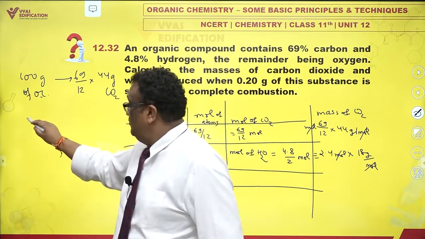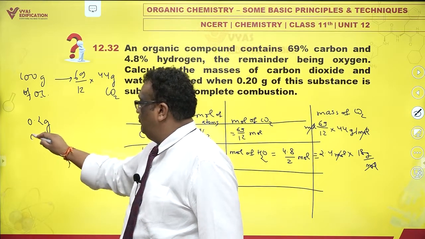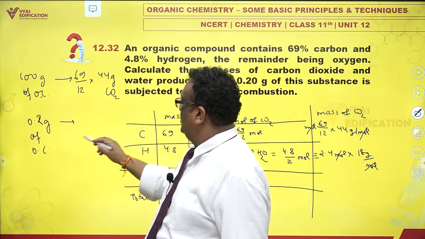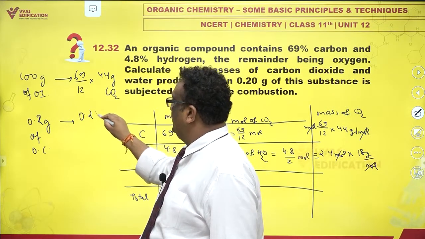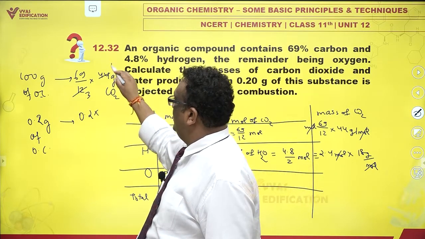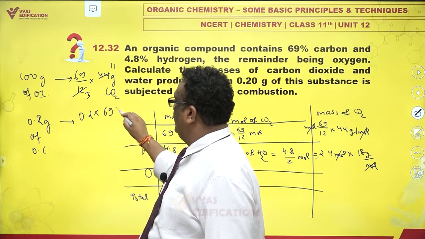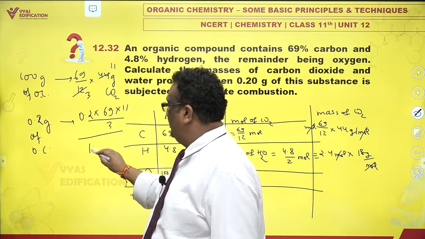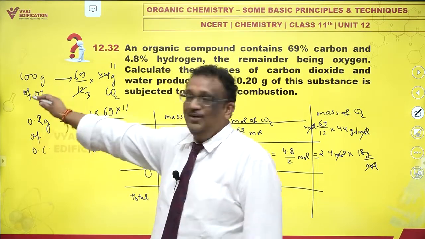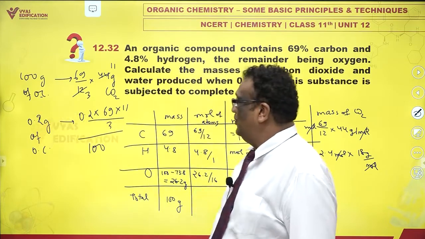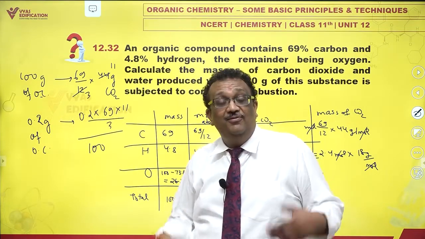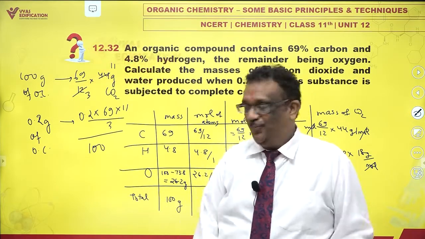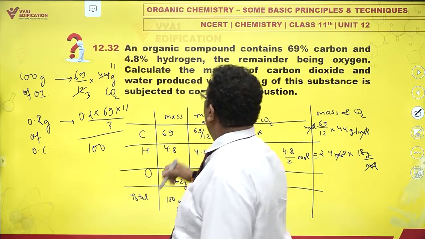So 0.2 grams of organic compound will give how much? 0.2 into 69 into 11 upon 3, the whole thing divided by 100. So many grams of CO2.